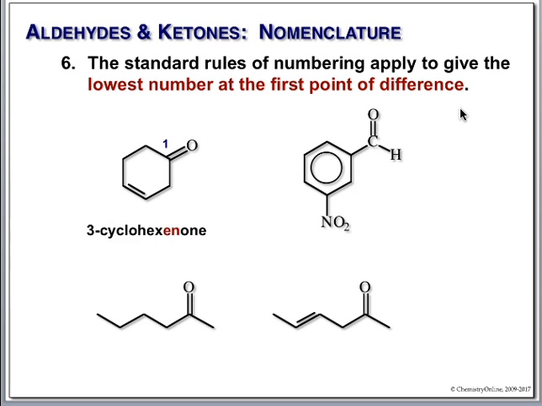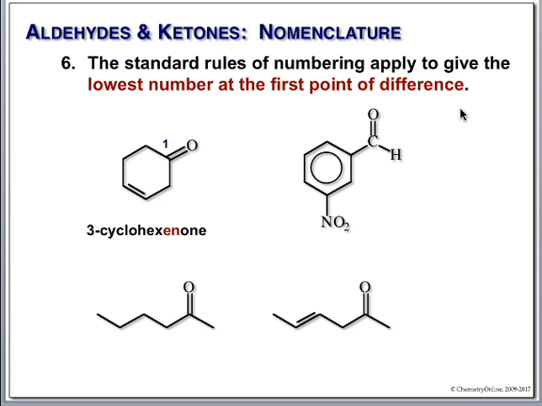We would call this cyclohexenone, and we have to put the 3 in to indicate where the double bond is. Cyclohex-3-enone. We could also call this an oxocyclohexene. That would be an alternate way to name it, but this is fine. This is simple.